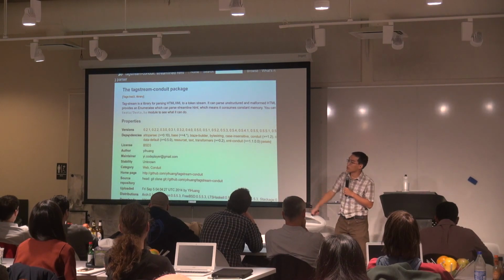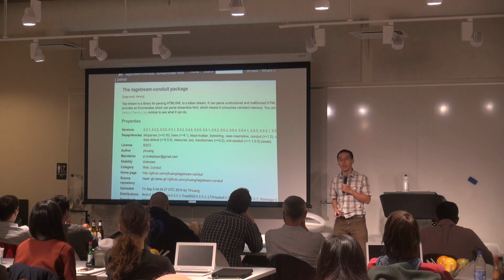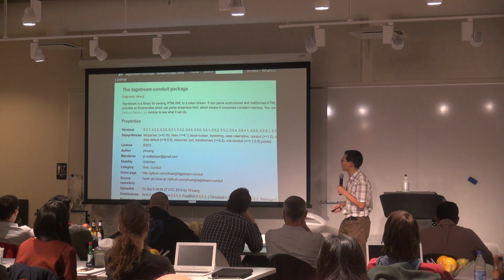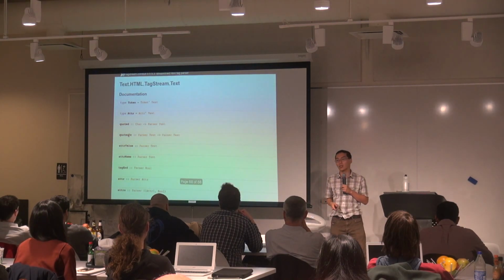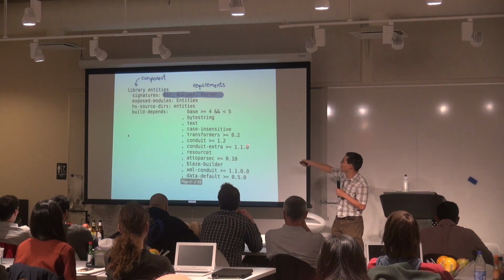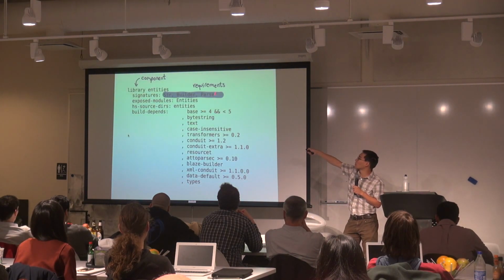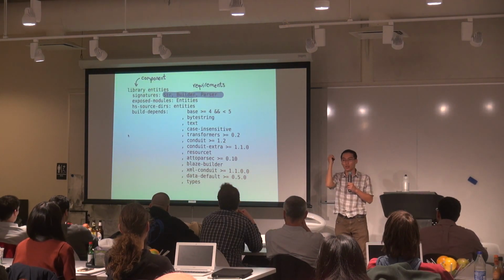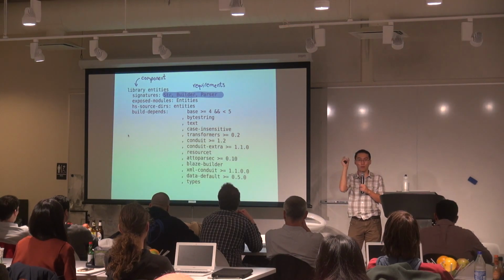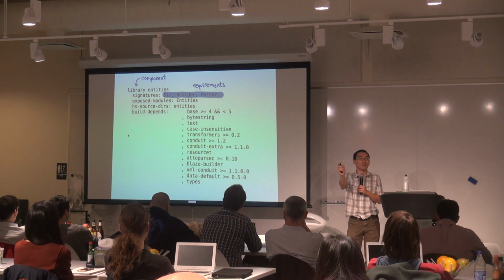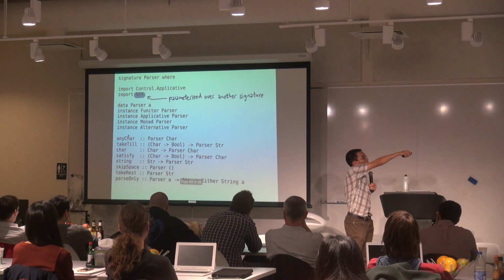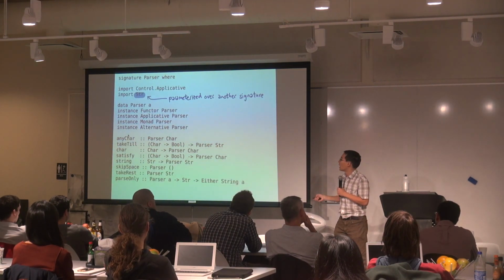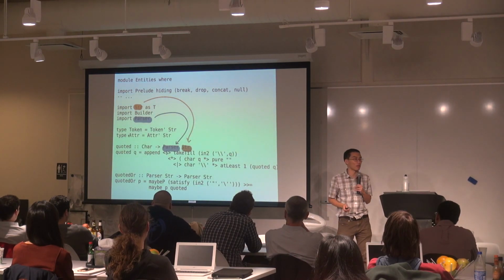Another example, which I got off of Reddit, was a package called tagstream-conduit. Like Unix, it has two versions of the package, one for text and one for bytestring. Well, we can Backpack it. This one needs three signatures: for strings, for builders, and for parsers. But it all works. You just define one of the signatures, and the other signatures import it, and otherwise everything works out very nicely.